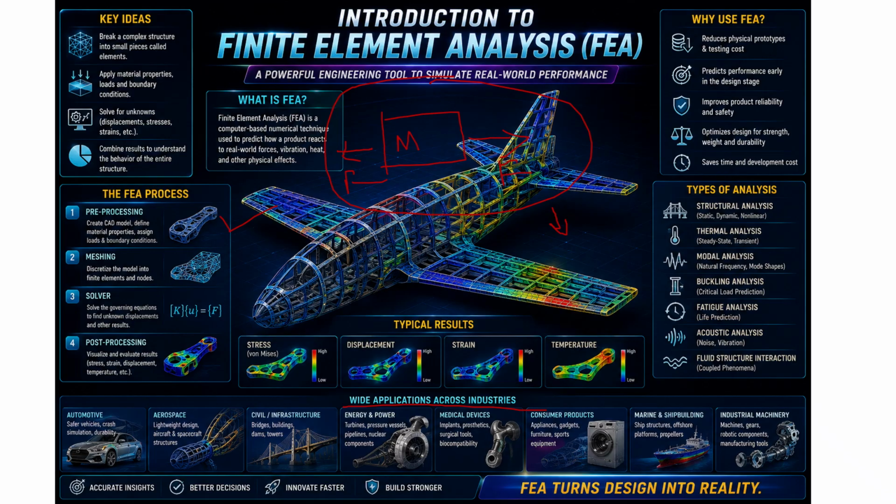Then the next step is meshing. What we do is discretize the model into finite elements and nodes. When we apply the load, it will transfer to different parts of the body, so we need to calculate how the loads and stresses are going to be generated in the different parts of the body. Suppose I take a small plate with a hole in it and apply a load to the plate.